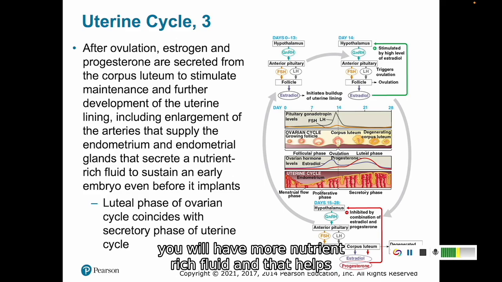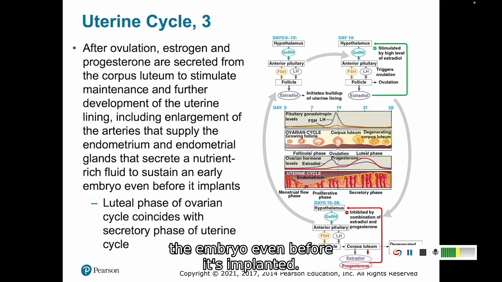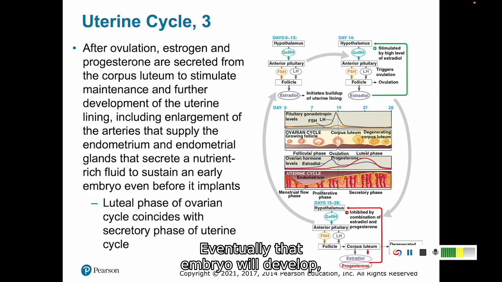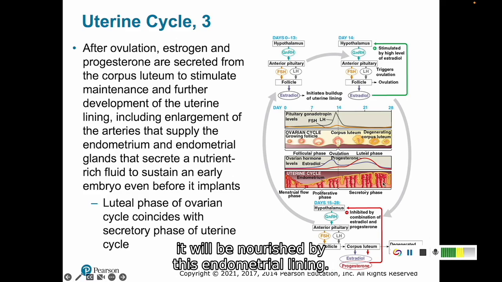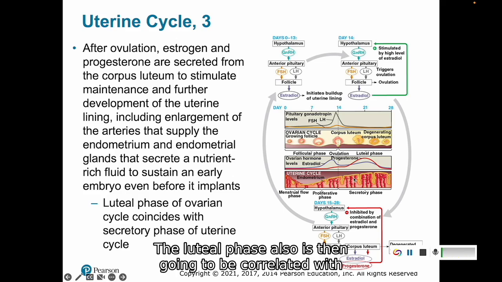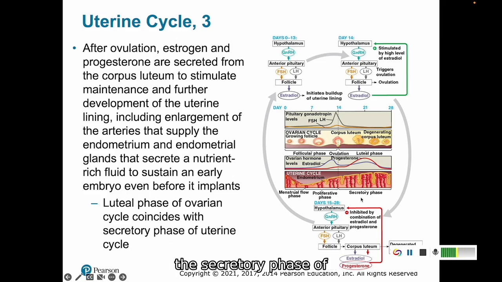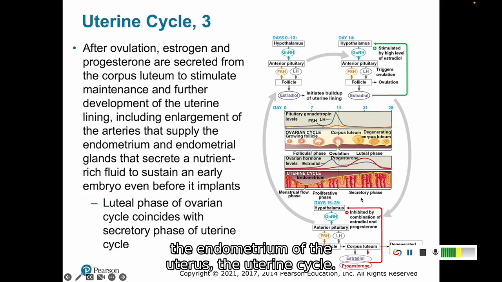You'll have more nutrient-rich fluid, and that helps to sustain the life of the embryo even before it's implanted. Eventually, that embryo will implant and develop a placenta, but before that happens, it will be nourished by this endometrial lining. The luteal phase also is then going to be correlated with the secretory phase of the uterine cycle.